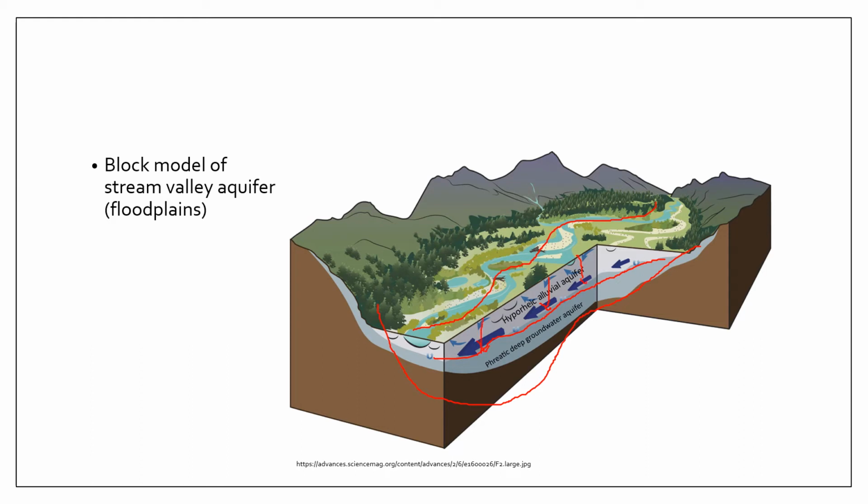And also note that floodplains are typically your areas where most of your runoff from your whole watershed is converging. So you can also expect a lot of surface runoff coming through this area, and it can provide direct recharge to your aquifer, right?